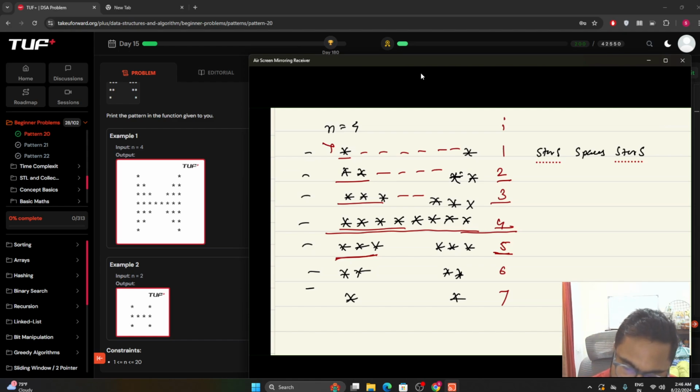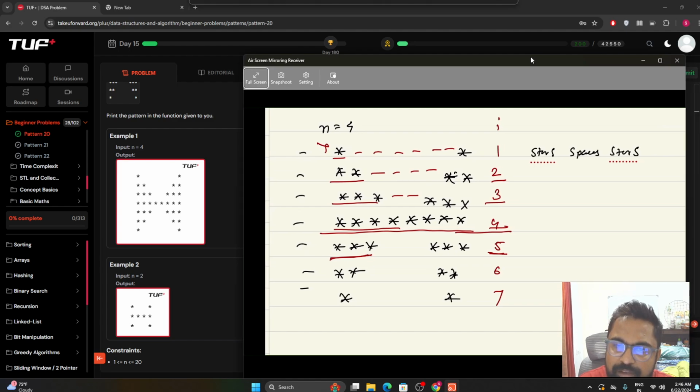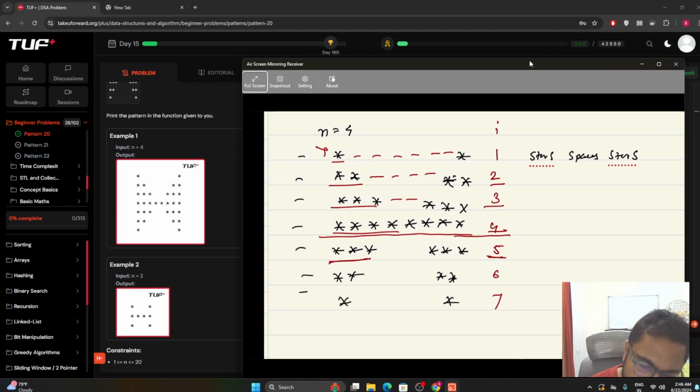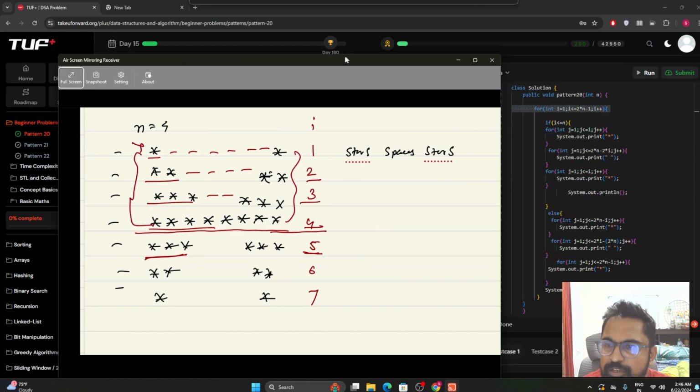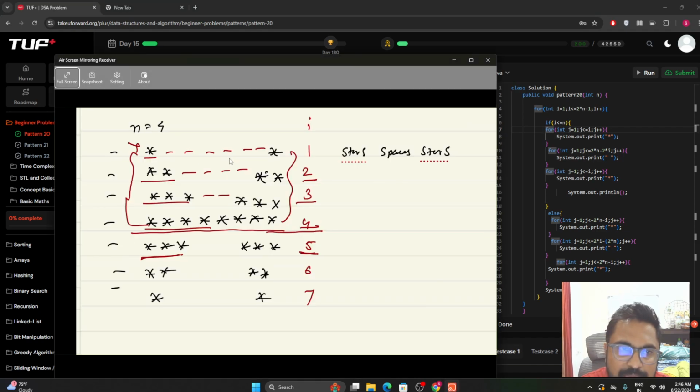We can write two loops for printing this part and this part. First, for printing stars, j is less than or equal to i, because we have to print till i only. That loop we have written.